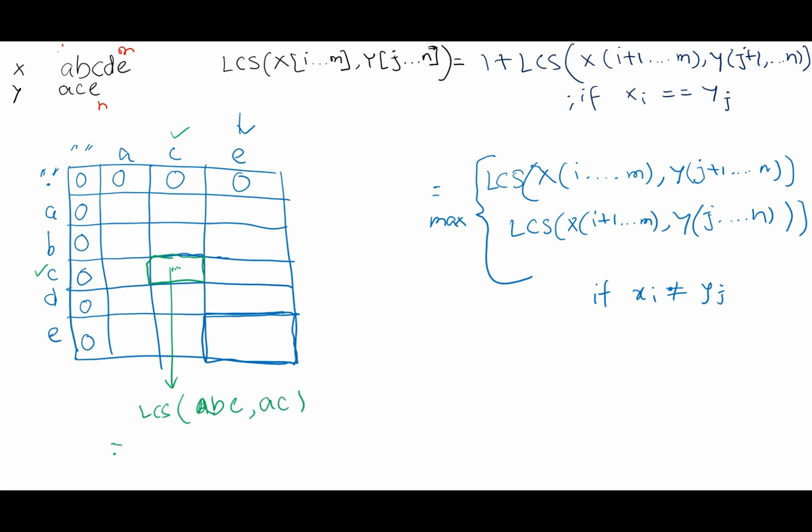So can I say that this is 1 plus LCS of AB and A? Can I say that? Yes, right? Since the characters match. So let's try to find out what is the cell for this. You see the cell for this is this one, right? So if a character matches, we can just go diagonally up by one place and add 1, right? Okay.